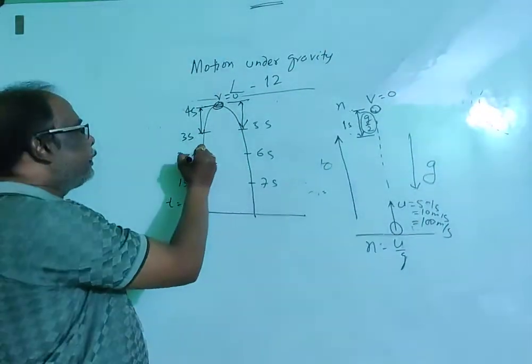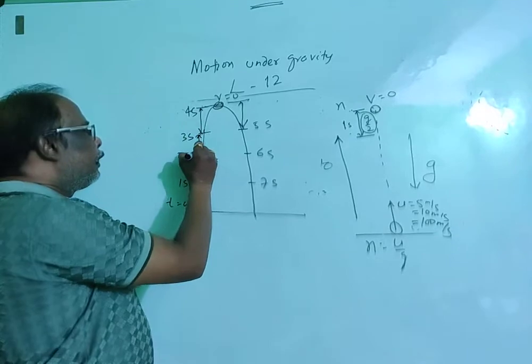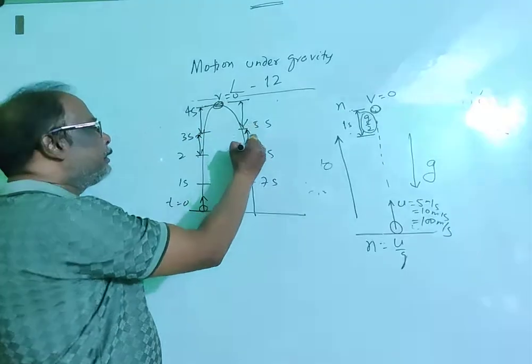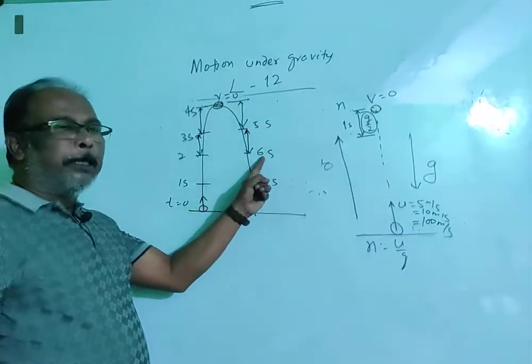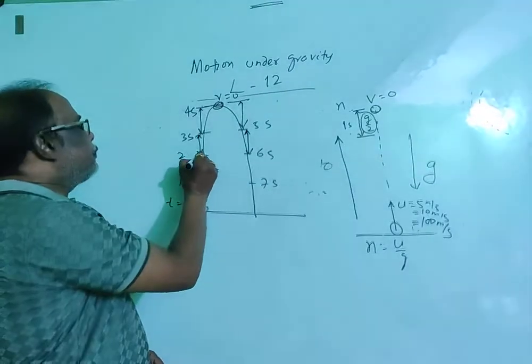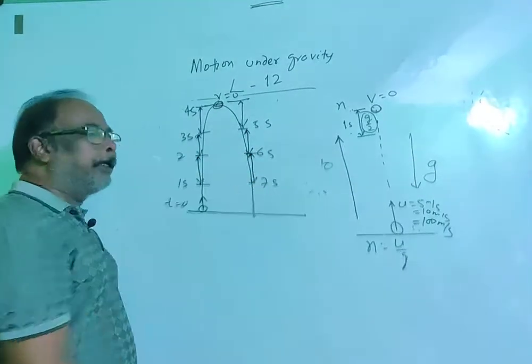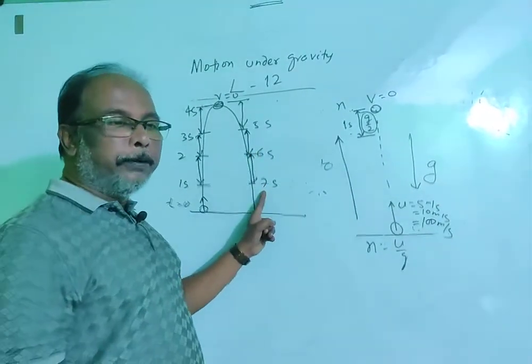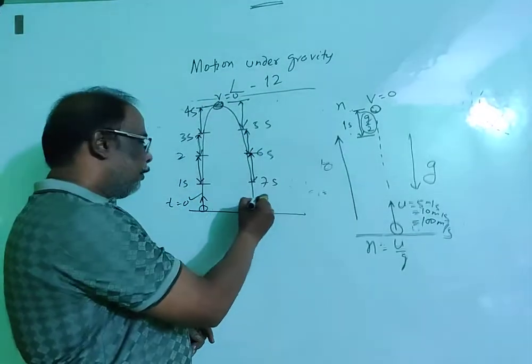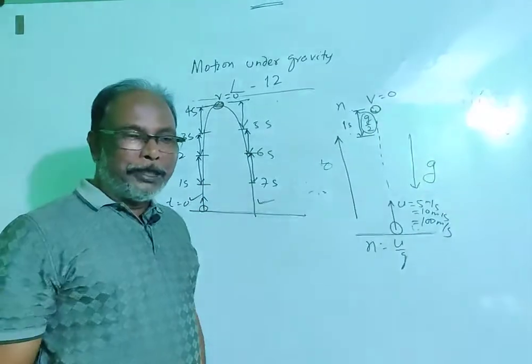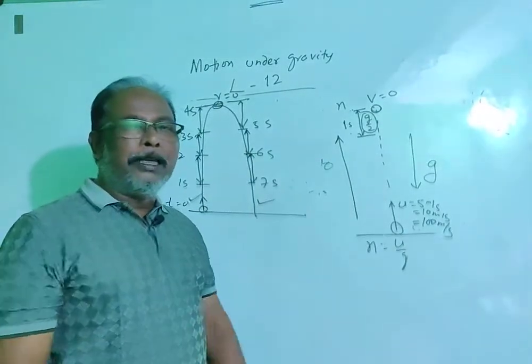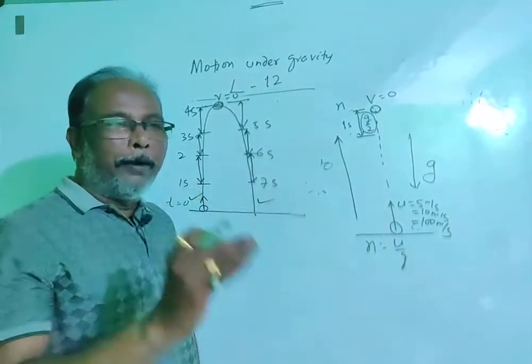And obviously the distance between 2 seconds to 3 seconds is equal to the distance between 5 seconds to 6 seconds. The distance between 1 second to 2 seconds must be equal to the distance between 6 seconds to 7 seconds, and these two are also the same. This is called the symmetry of motion under gravity.